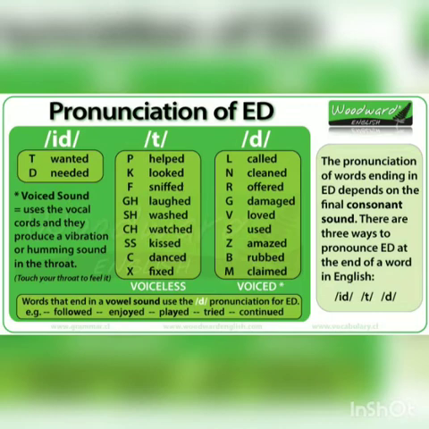The verb claim ends with m, it's voiced, so I say claimed. You'll find a note at the end of the picture telling you that some verbs end with a vowel. When I put ed, I pronounce it as d, because all vowel sounds in English are voiced. So the verb follow becomes followed, enjoy, enjoyed, play, played, try, tried, continue, continued.